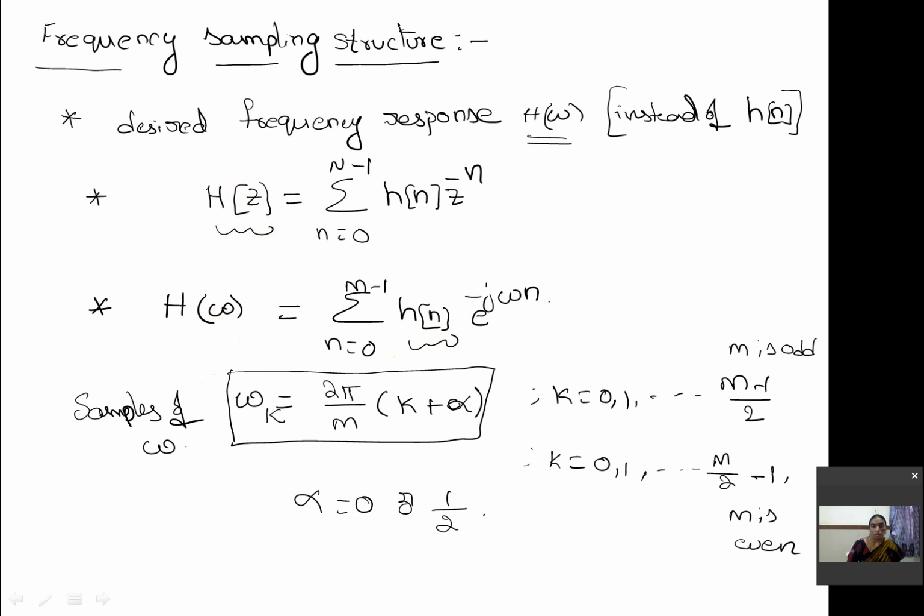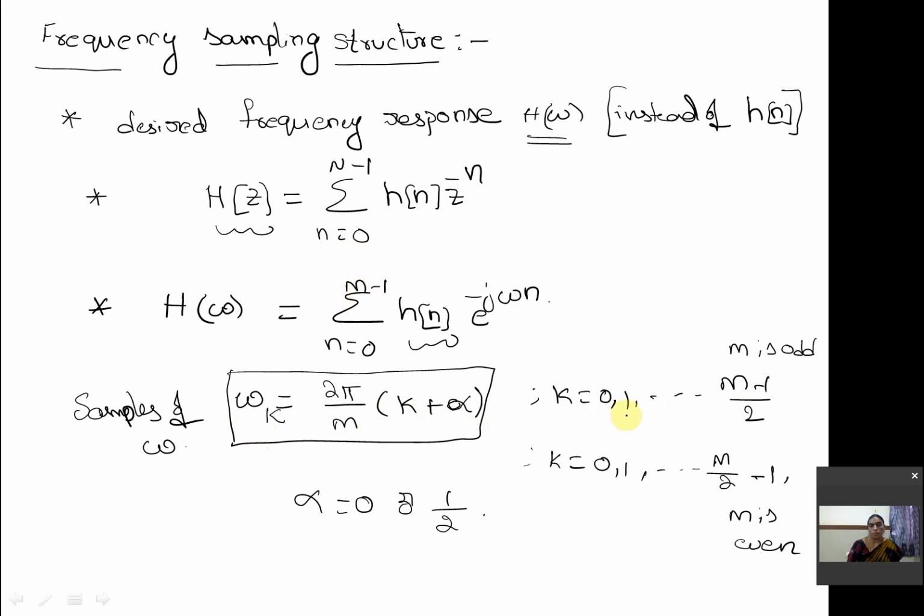Then we realize that FIR structure based on either direct form or cascade form, any known structure. Okay, this is the procedure here, right? So firstly we consider the samples of omega like this, 2 pi by M into k plus alpha. Here k values are from 0 to M minus 1 by 2, if M is odd, right?